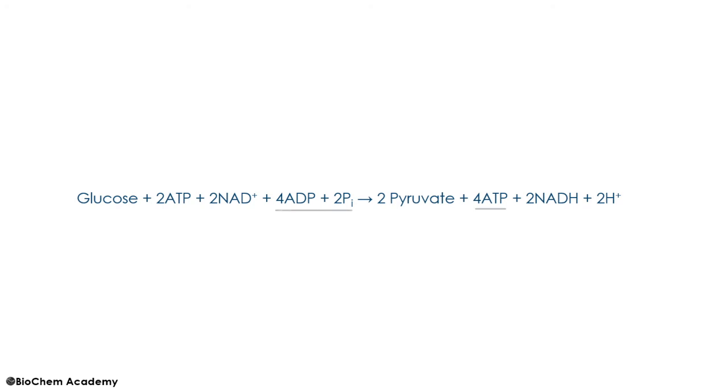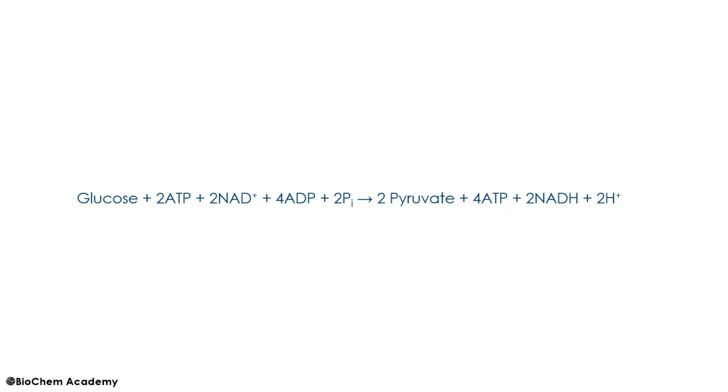And this is done by combining four ADPs, so adenosine diphosphate. This molecule has two phosphates. So we add two organic phosphates in addition. Okay. So an ADP molecule becomes an ATP molecule when we add a phosphate onto that.